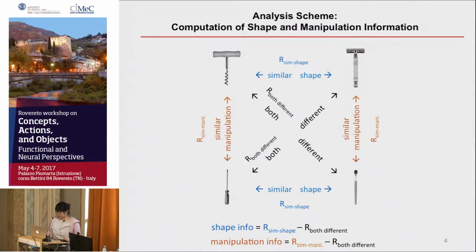The reason we use these 4 particular tools is that the two pairs with similar shapes have quite different ways of manipulation, and the two pairs with similar manipulation are quite different in shape. This makes it possible for us to disentangle these two properties.